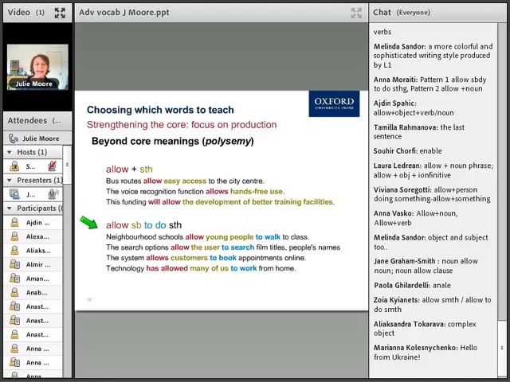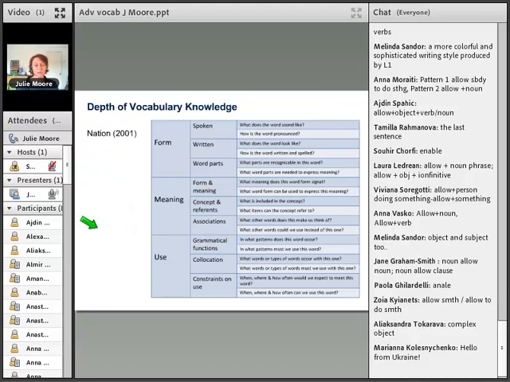We have the word allow, and the colligation that goes with it is somebody or to do something. So they've had to think about this vocabulary, and a lot of research shows that the more processing involved in a task, the more students will remember the language. So getting them to think beyond something superficial and to do something with the language is a really important part of learning.